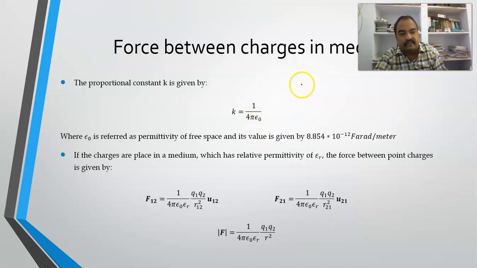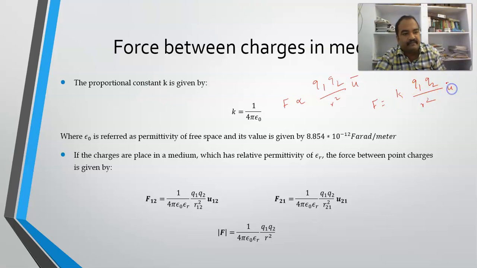We have seen that the force is proportional to q1 q2 by r square, and there is a unit vector along the direction of these charges, and we have a constant, right?